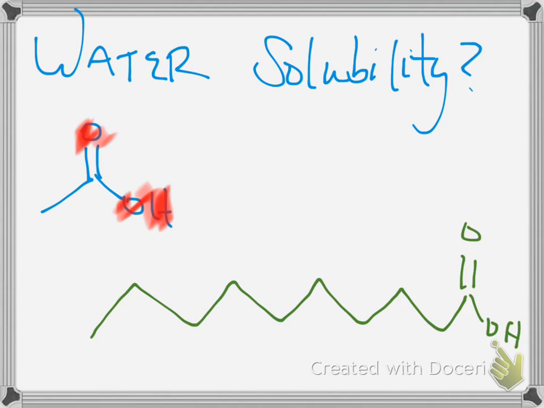If we look, we have this hugely hydrophobic region with a relatively small hydrophilic region. And so we have 1, 2, 3, 4, 5, 6, 7, 8, 9 carbons, because this is decanoic acid. So there's 10 carbons, but only one of those carbons has the carboxylic acid. And so because of that, the overwhelming hydrophobic portion would make this much less water soluble.